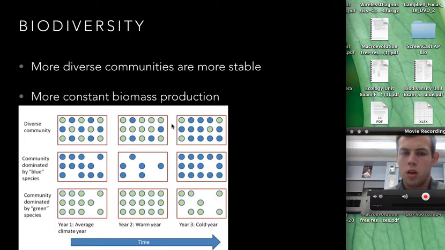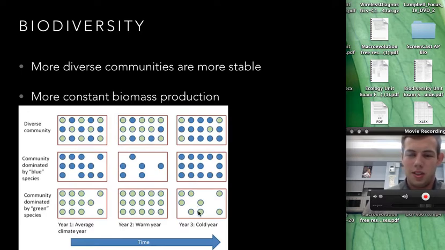Let's take a look at the third year. In this third year, we're going to have a big increase in biomass, almost twofold, more than that, in the blue species community. In the green species community, we're going to have a decrease. So you're getting these radical fluctuations from year 1 to year 3, where you're up, down, you're up again, then you're down.